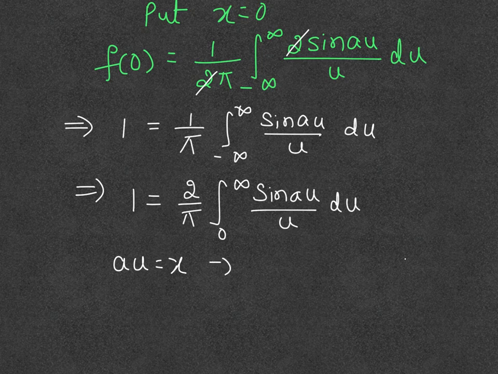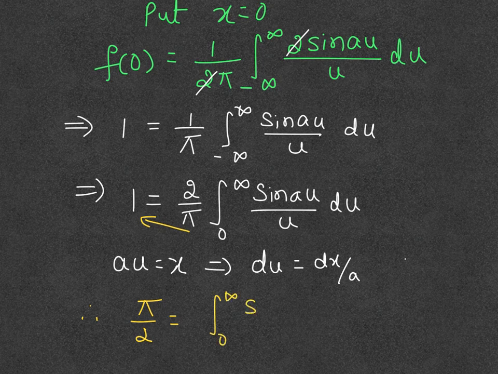Then from this you can write a du is equal to dx, so du is dx by a. So when we cross multiply here, we get pi by 2 is equal to integral 0 to infinity sin x, when you substitute au is x and u is x by a and du is dx by a.